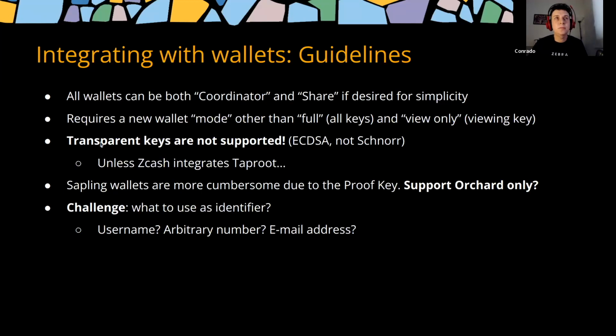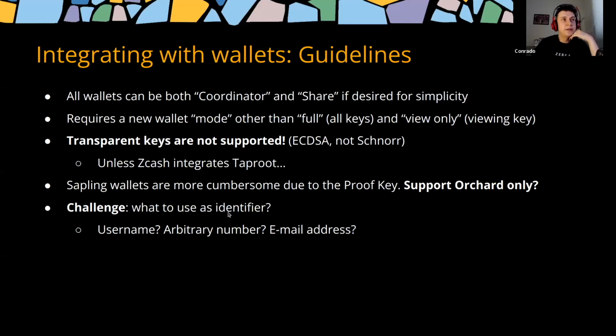Just to emphasize, transparent keys are not supported because FROST only works with Schnorr signatures, and transparent uses ECDSA, unless we integrate Taproot, but I don't think that will happen. Like I mentioned, Sapling wallets are more cumbersome, so maybe the way forward is just to support Orchard at first.